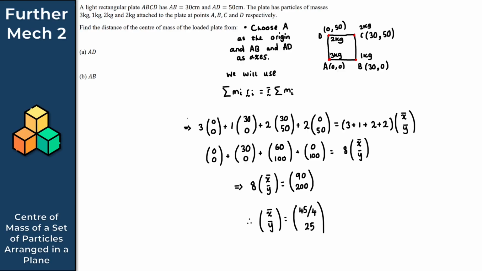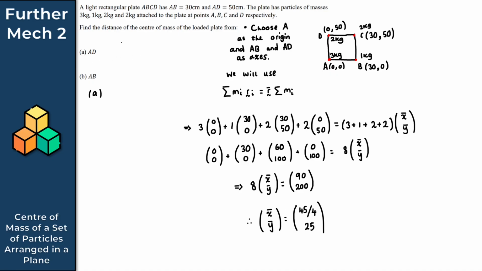To finish with then, let's just state the distance of the center of mass of the loaded plate from AD and then finally AB here. So for A then, I mean, this question here, you kind of do all of the work as a prerequisite almost. At this point now, A and B, we just simply answer by looking at x bar and y bar here. So x bar would give us the answer to A here.